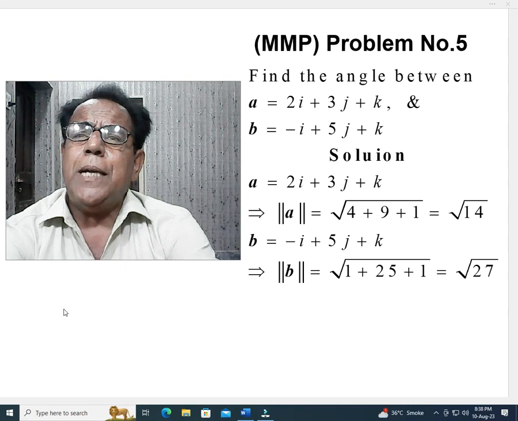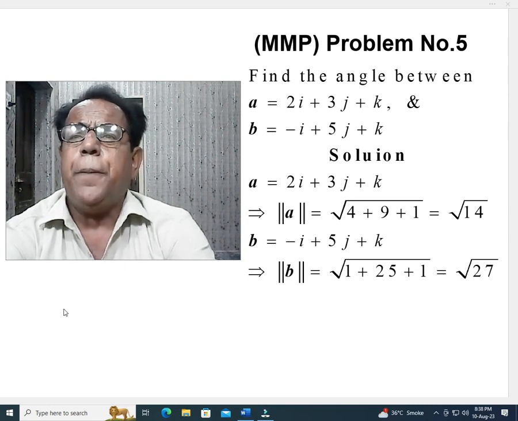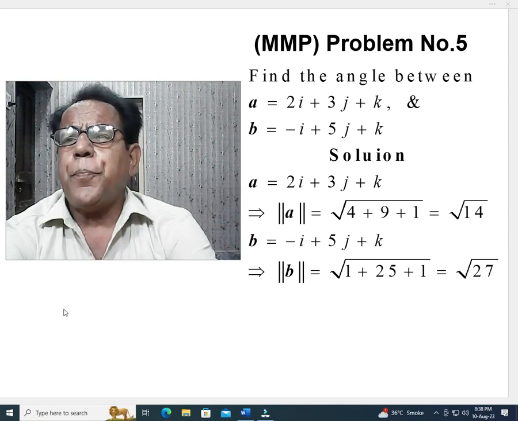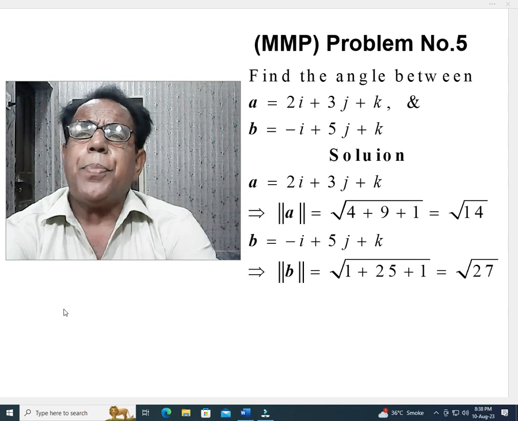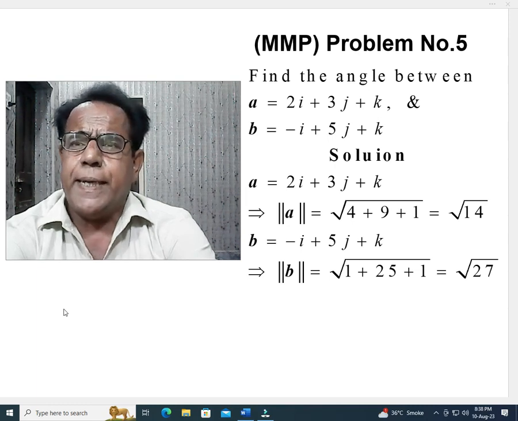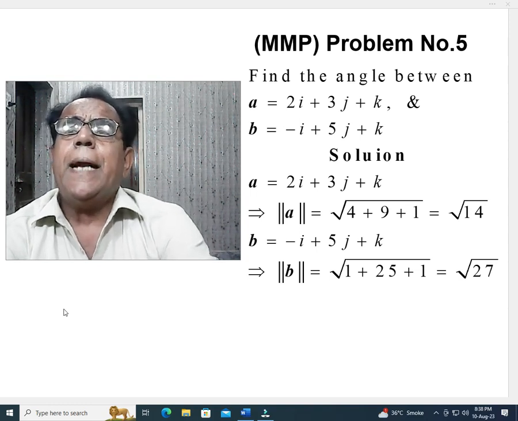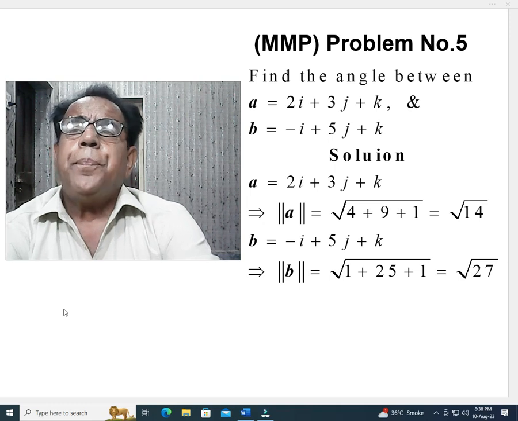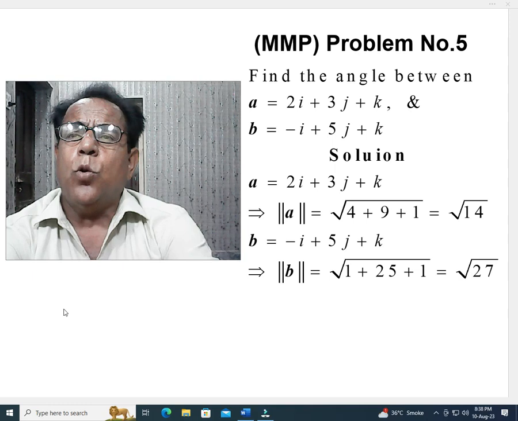Dear students, sometimes this notation is also called norm. For the time being, we say that it denotes the absolute value of vector A, the modulus or magnitude of this vector, and it is equal to the square root of x square plus y square plus z square.